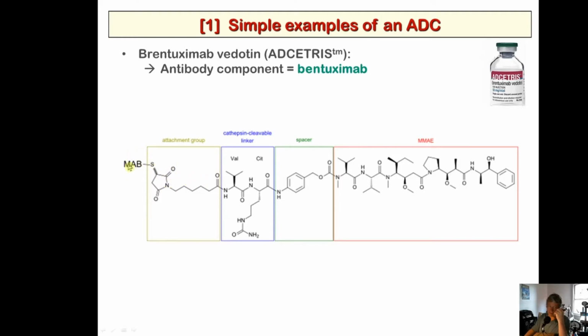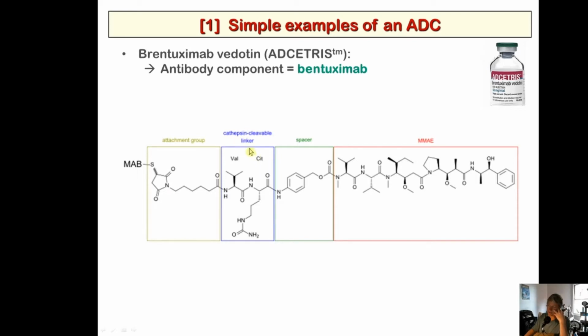This is a protein, and we want to separate our substance a little bit from it. So there's an attachment point, a couple of carbons, and then some kind of cleavable linker. Often people have been using valine next to citrulline, which is an amino acid, and this is cleavable by a protease called cathepsin, which is present in the lysosome.